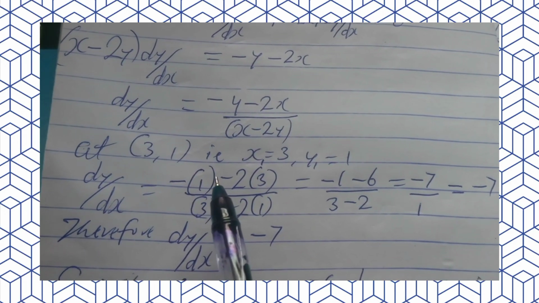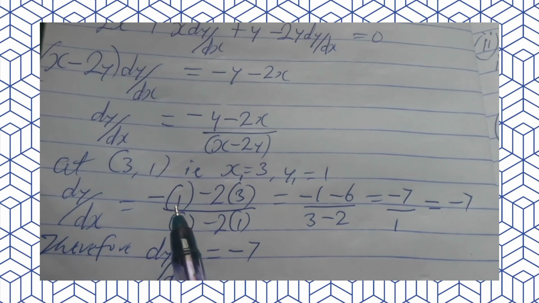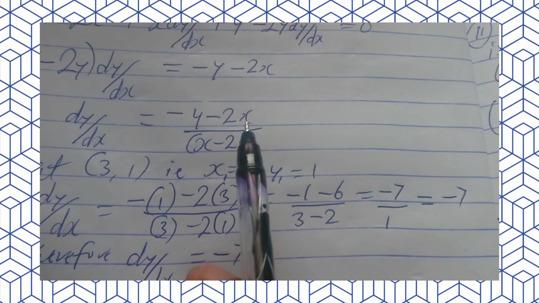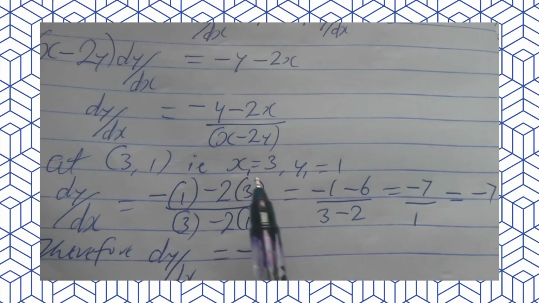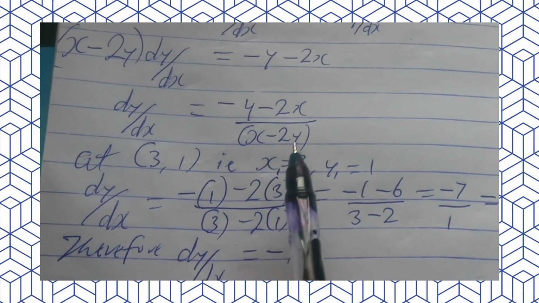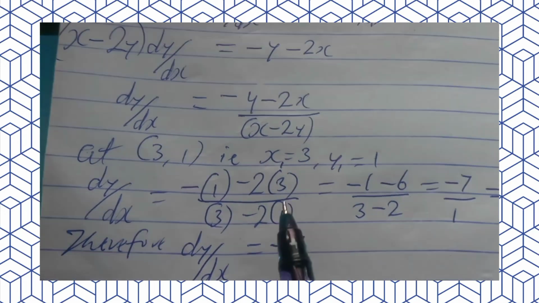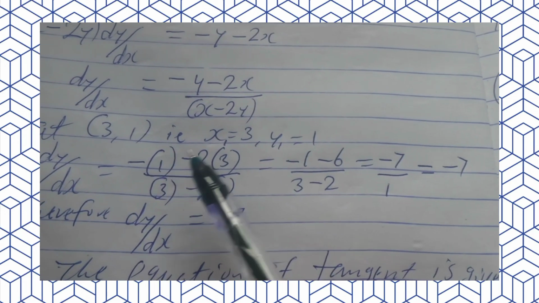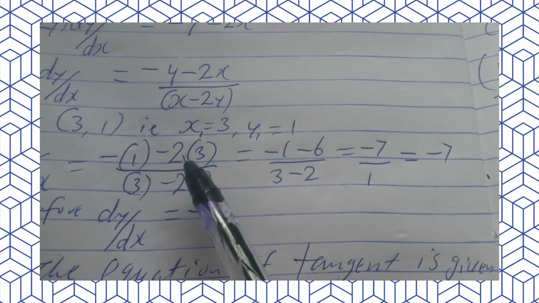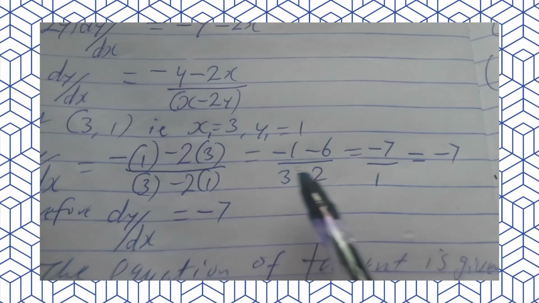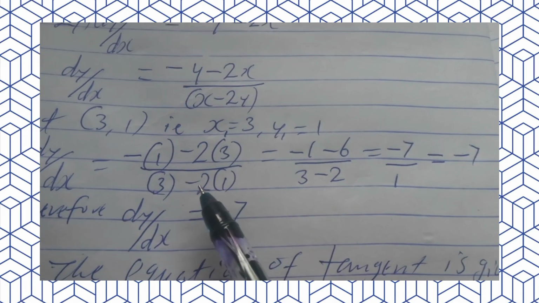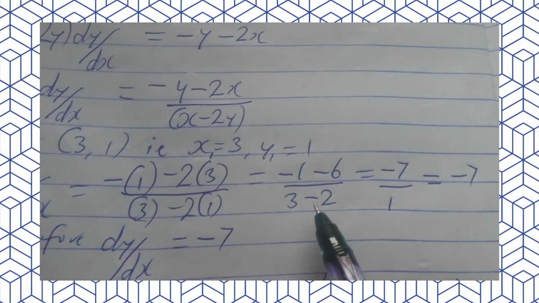So minus y becomes minus 1, because our y is 1. Minus 2 times x, where x is 3, gives minus 6. All over this x, which is 3, minus 2 times y, which is 1, giving minus 2.